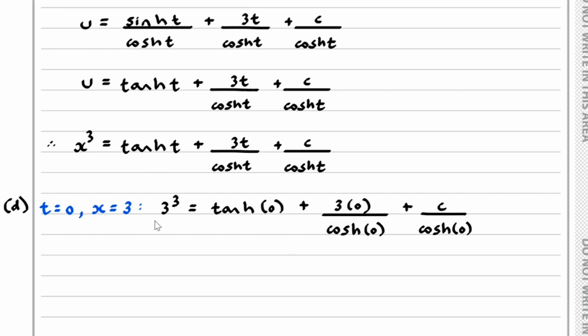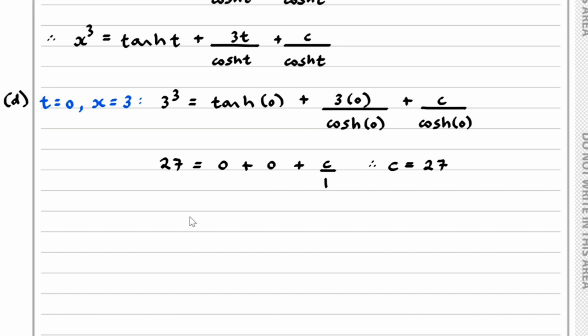So 3 cubed is 27. So I've got 27 equals 0 plus 0 plus c over 1. And therefore, we can conclude c is equal to 27.